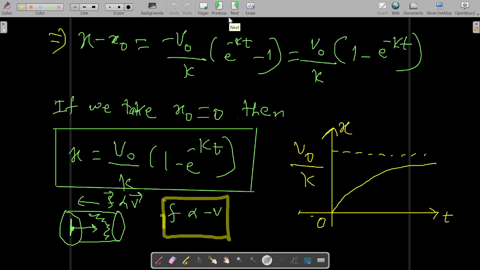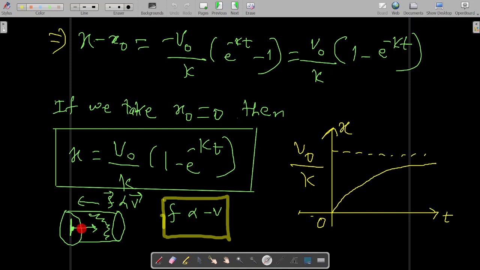But in reality, such mediums which strictly follow F directly proportional to minus v are very rare. We are taking an idealistic medium which is going to follow this rule, but in reality no such medium exists, because the orientation of the object also matters.